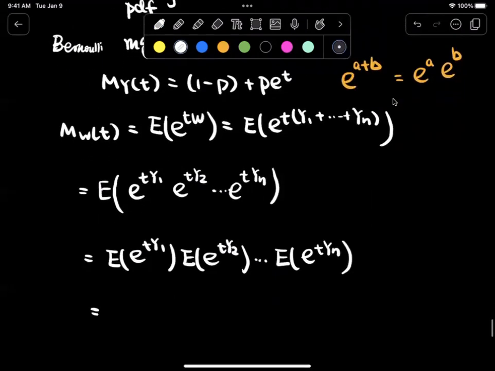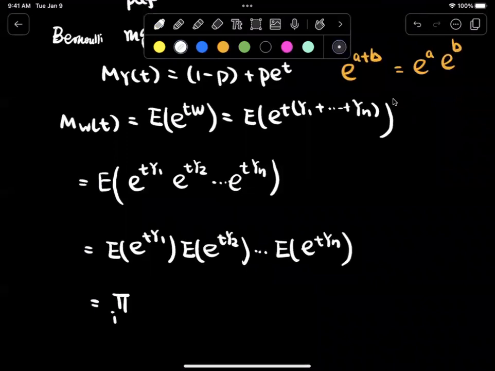Let me write this as the product from 1 to n of the expectation of e to the power of t yi.